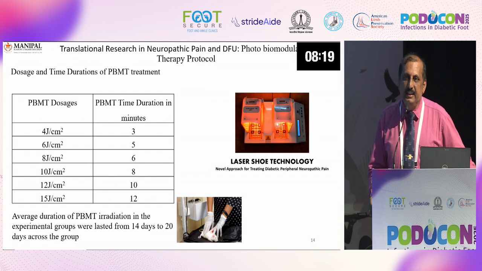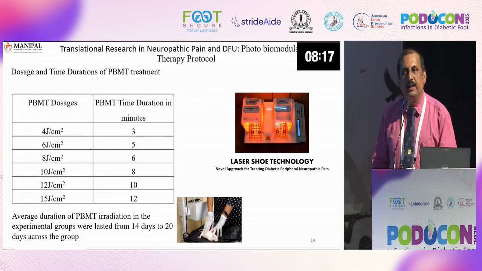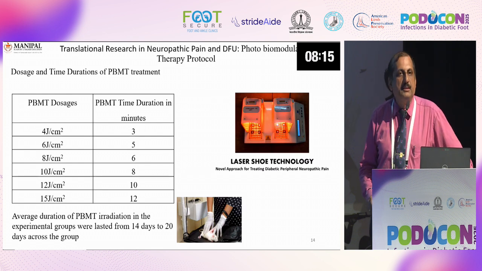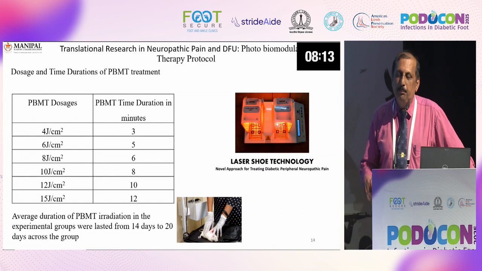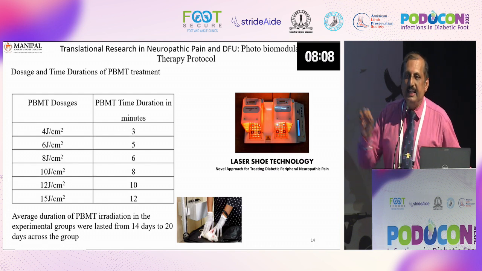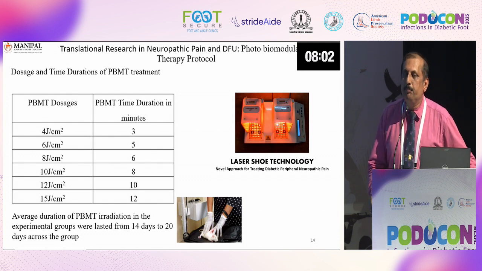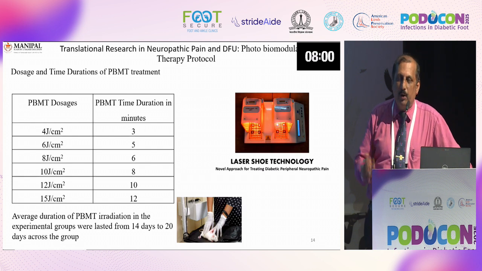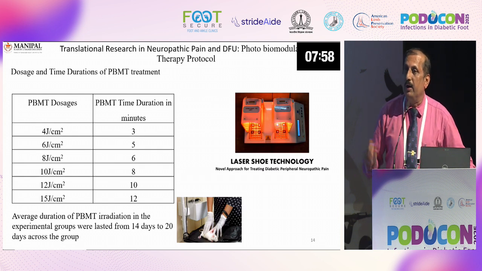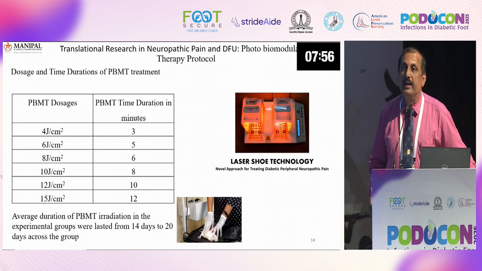Most importantly, we took one important outcome measure called matrix metalloproteinases, especially MMP1 and MMP9, which we tested in this animal model with different doses, because MMP1 and MMP9 are very important in wound contraction and the healing of chronic ulcers.